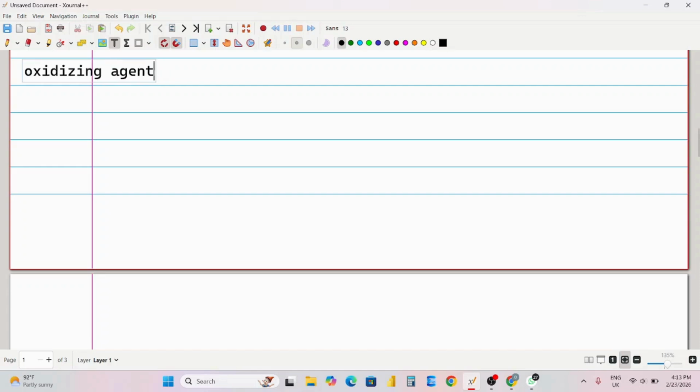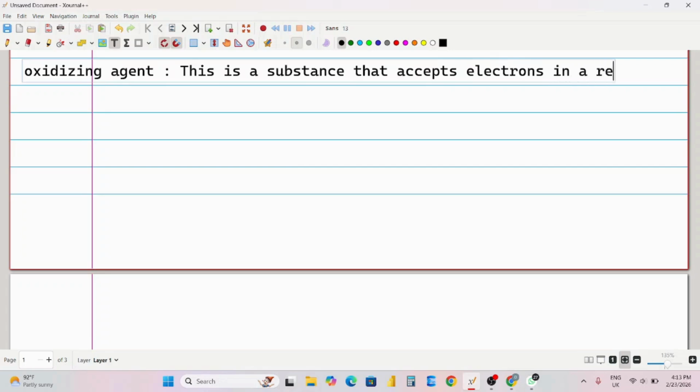this is a substance that accepts electrons in a redox reaction.